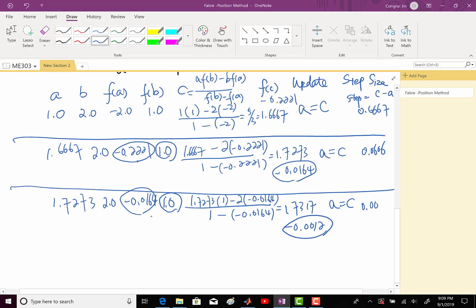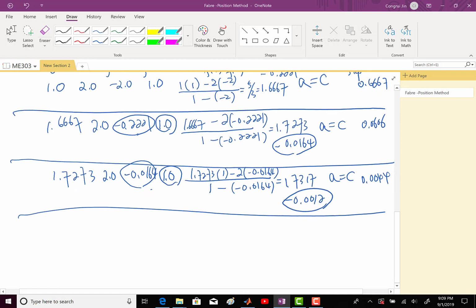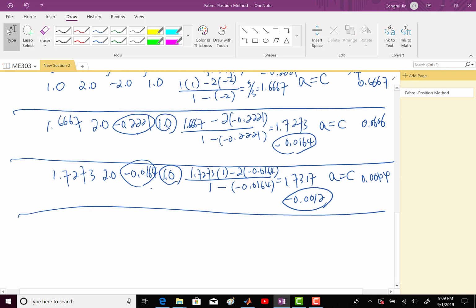All right. So in the next iteration, A is updated by 1.7317. B will be the same. And this value will be negative 0.0012, right? And FB is the same.